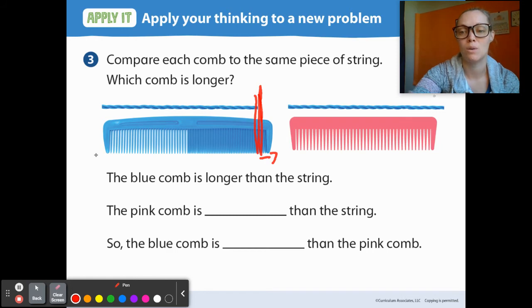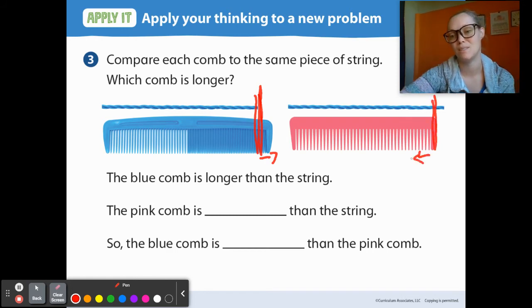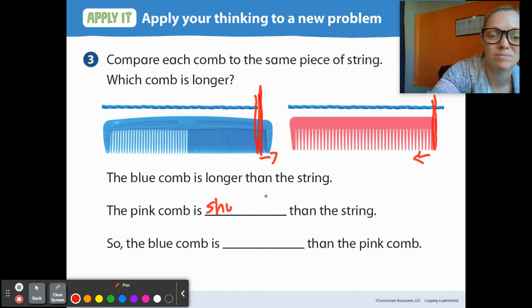The pink comb doesn't even reach the end of the string. So the pink comb is shorter than the string. Let's read what it has down here. The blue comb is longer than the string. The pink comb is shorter than the string.